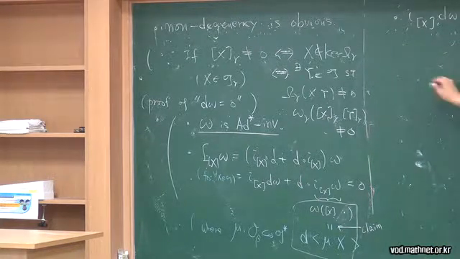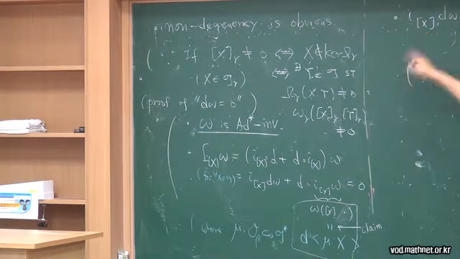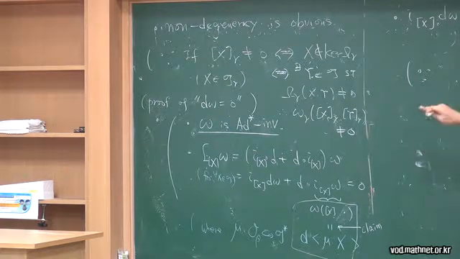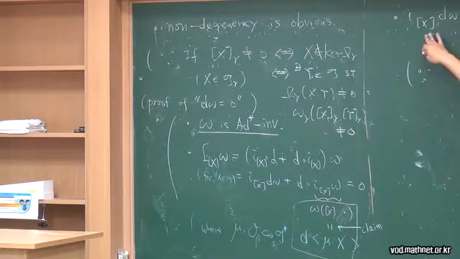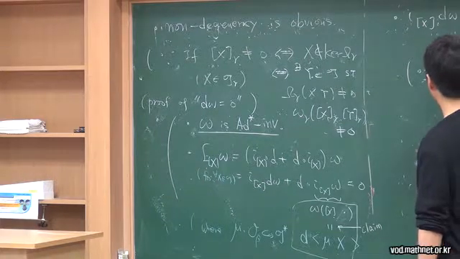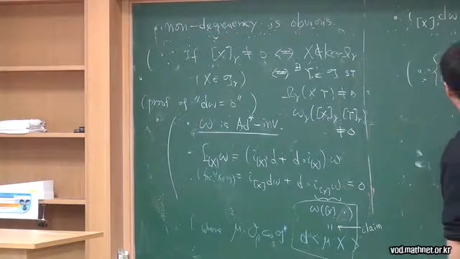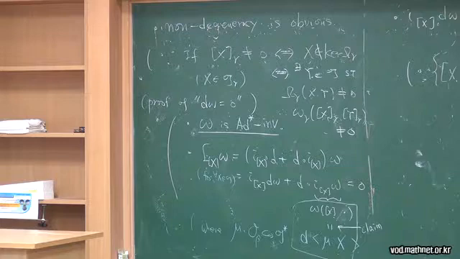The reason is that since the orbit, the tangent space at some point in the orbit is spanned by these fundamental vector fields, the g-action spans the tangent space T gamma of the orbit.